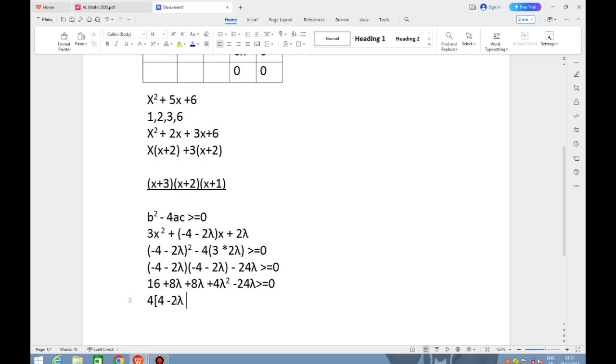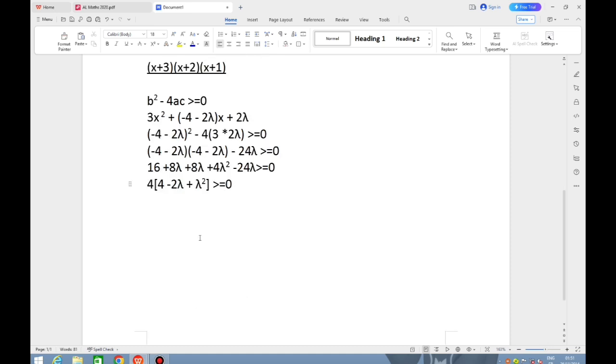And finally, 4 lambda squared just turns to lambda squared. So that's what factoring out 4 gives us, plus lambda squared. And this should always be greater than or equal to 0.